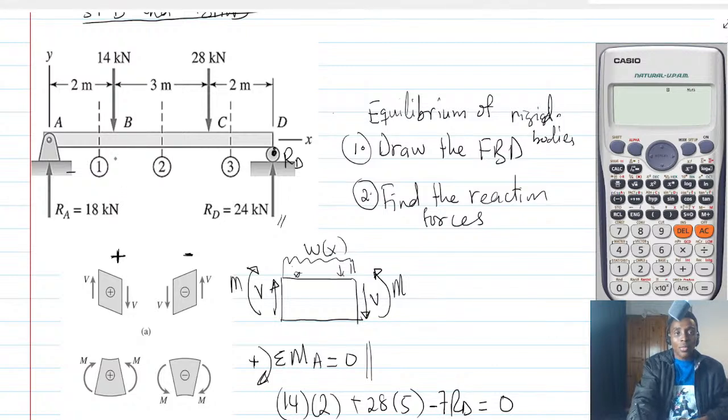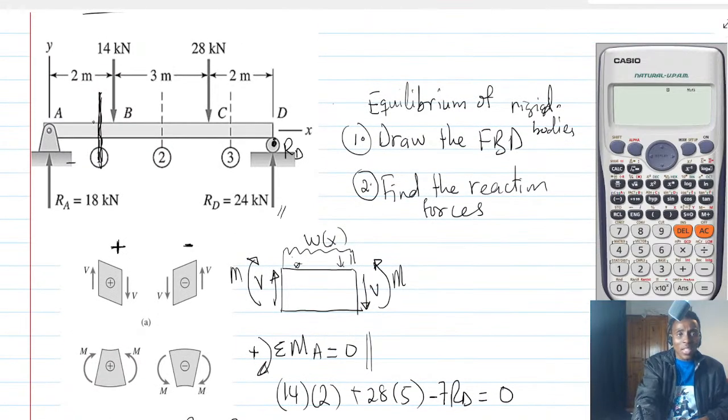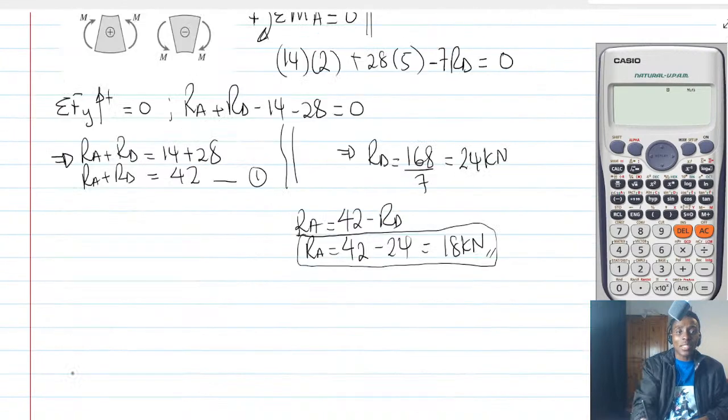So now we will take a section, a cut here. Alright? And when we cut it, let's say the distance from A to B is 2, right? So if we cut between A and B, it's going to be something like this.